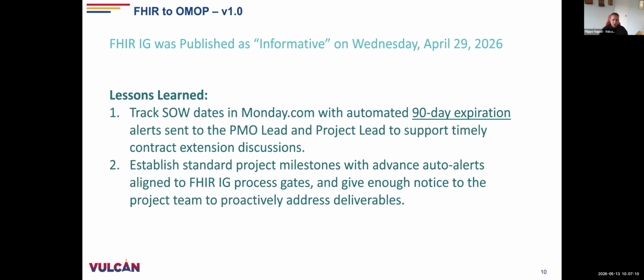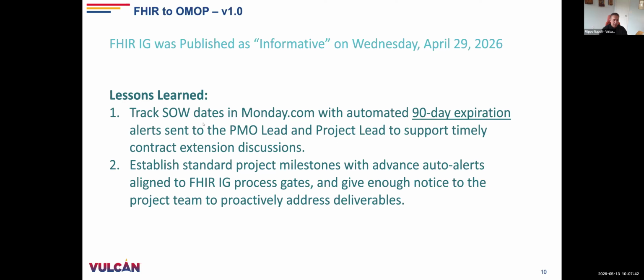HL7 also has their own gate processes. During the process, there was at least one task, I think it was the IG proposal, that the team thought was completed, but it was missing an approval. So they couldn't go to ballot, essentially because they didn't get the approval necessary on a previous step.